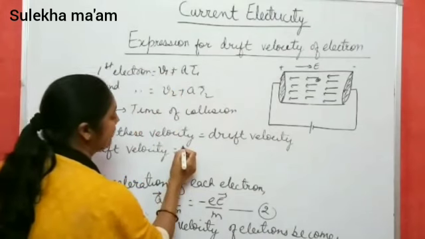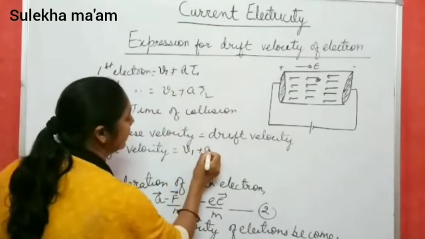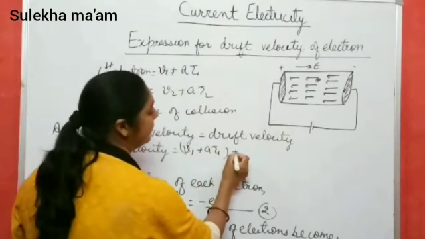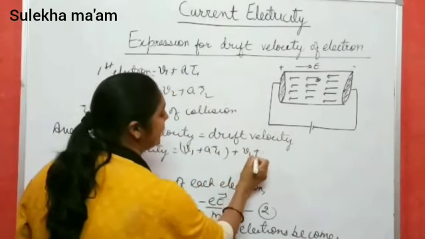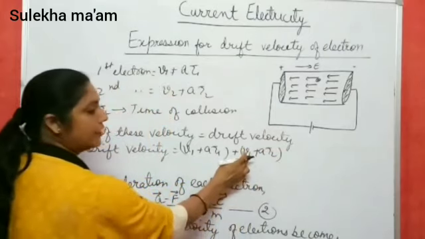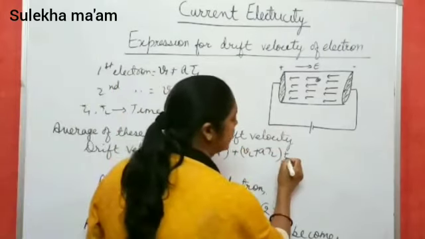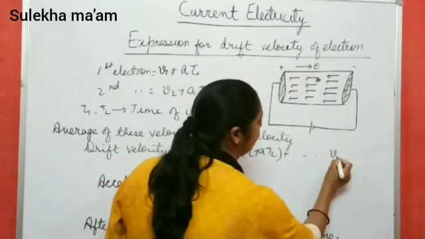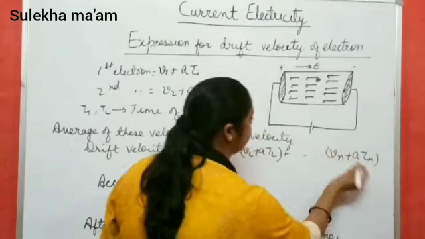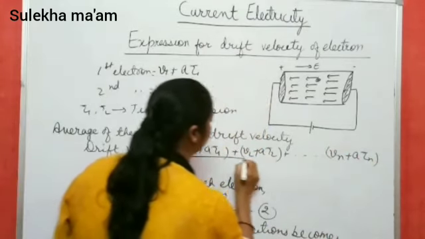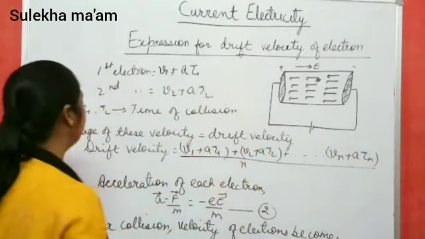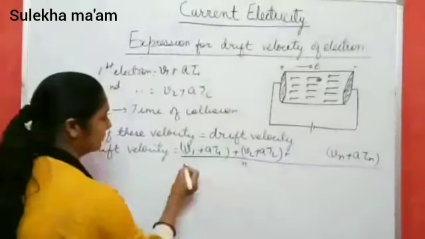The final velocity of the first electron is v1 plus a tau 1, then plus v2 plus a tau 2 for the second electron, and in the same way, for the nth electron, vn plus a tau n. You take the average of these velocities, and this gives you the drift velocity.